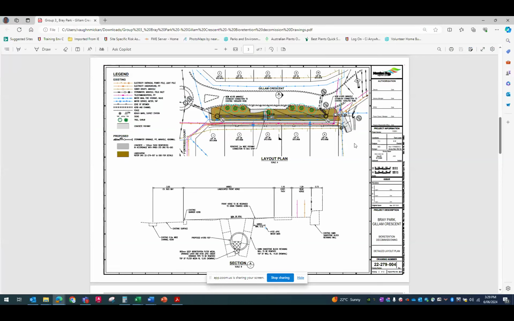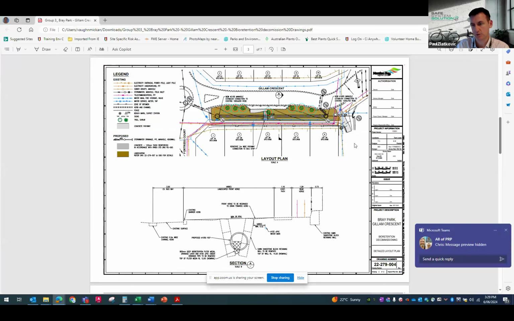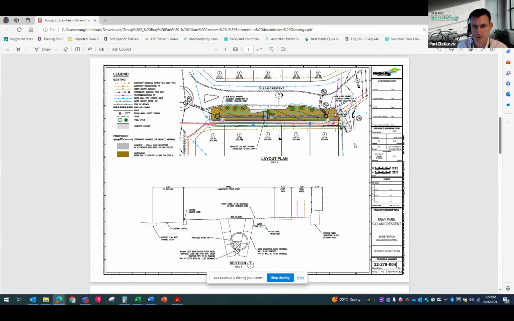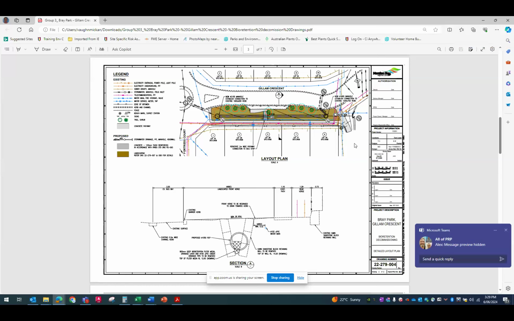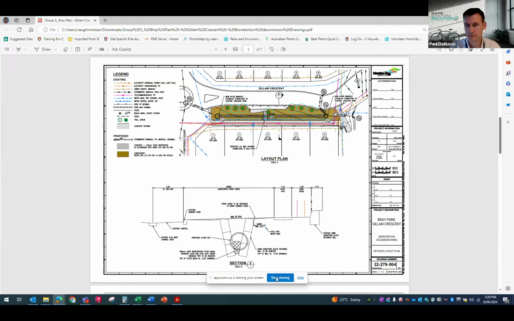They talked about vehicle diversions and barricades to separate people from the work site, particularly when that fence is removed. So you've got a workplace, but you also have to consider the exposure from those workplace activities to others. In this instance, we're working around people's homes, pathways, and a bus stop as well. Excellent work. Okay, thanks for that, group 3.